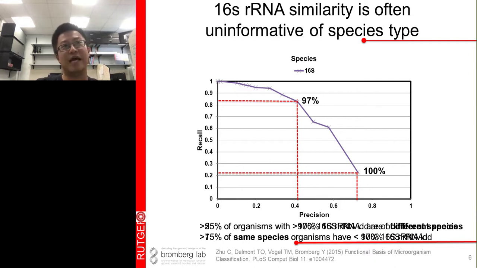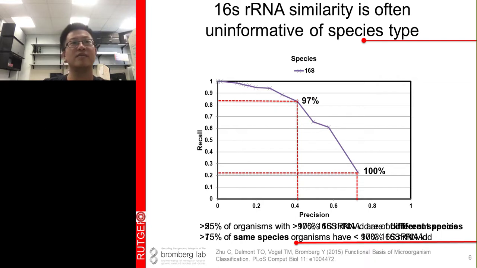But in reality, even if we use 100%, completely identical 16S RNA sequence, it still does not guarantee the two organisms are of the same species. The precision is actually just about 75%, like 3 out of 4 are correct.